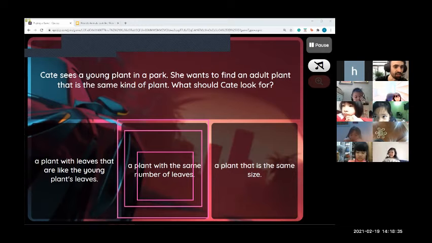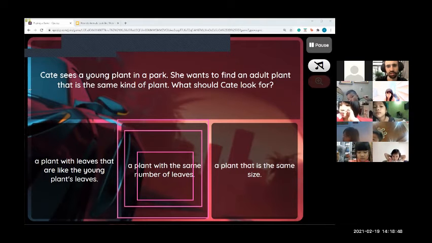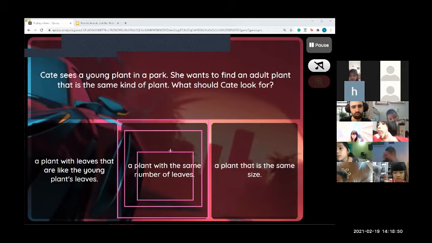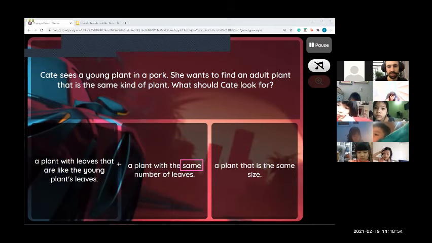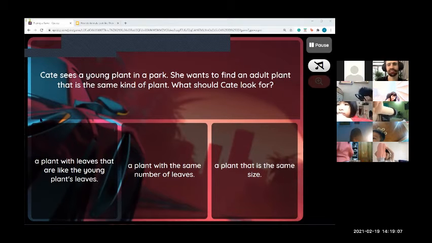Let's have Min Kuei. What do you think, Min Kuei? More leaves. Yeah, the parent will have more leaves. So do you see this word right here? The same? That's not right. It should say more, not the same. So we know this one is incorrect. Okay. Which one do you think it is if it's not the second one?